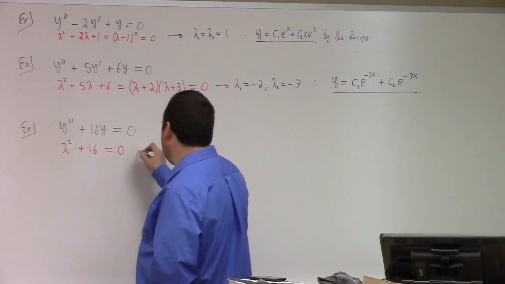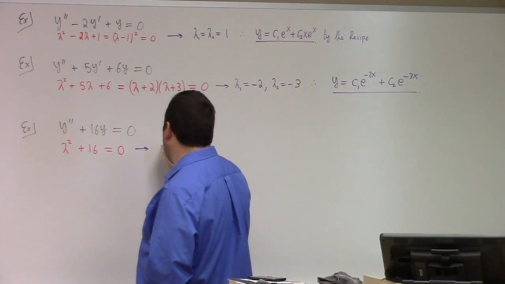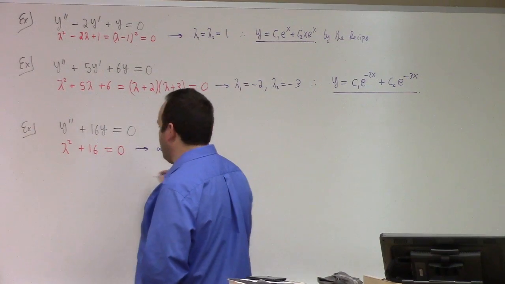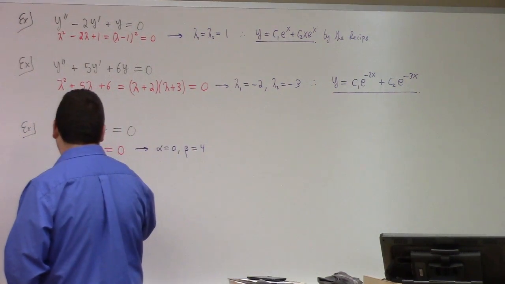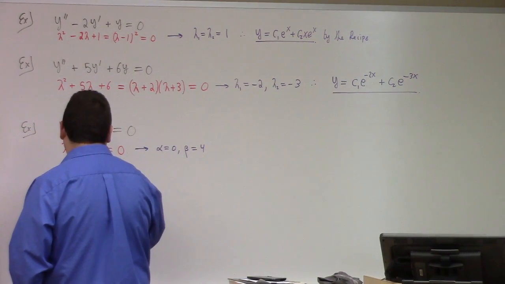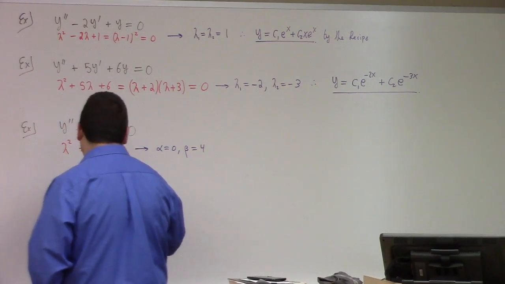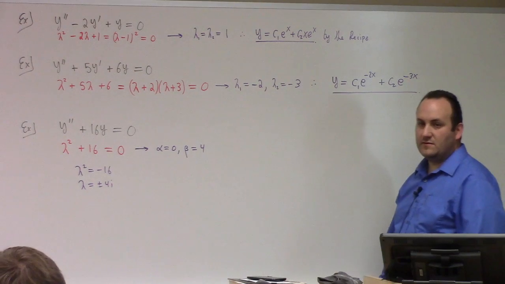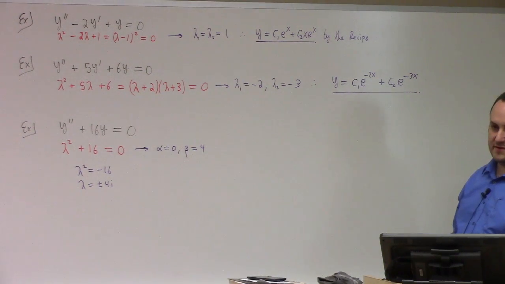Let's see here. Now this, you can cipher that alpha is equal to 0 and beta is equal to 4. Now, of course, you could also do it like this. This is lambda squared equals minus 16, right? So lambda is equal to plus or minus 4i. You could think of it that way if you wanted to. So you can see, of course, alpha is equal to 0, and we just choose plus beta.